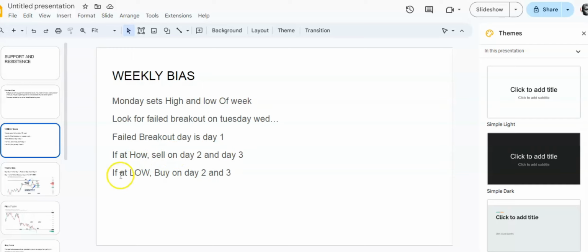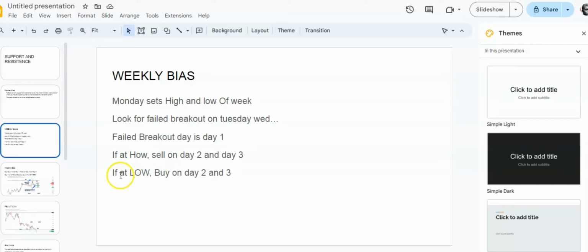So if I have a failed breakout at the high of the week, it means sell on day 2 and day 3. So this is now day 2 for me. Yeah, that is what I call the failed breakout.